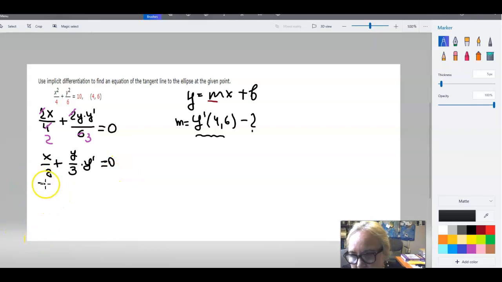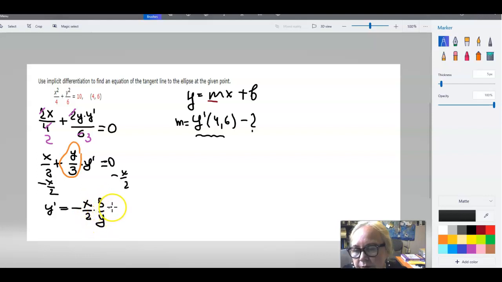So we subtract x over 2 from both sides, and then we multiply by the reciprocal of this coefficient, which is 3 over y, and that will look like so. y prime equals negative x over 2 multiplied by 3 over y, or we can say that will be negative 3x over 2y.